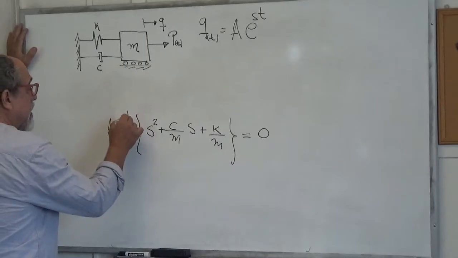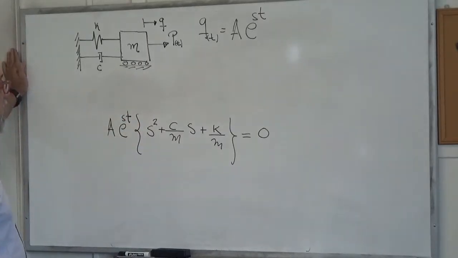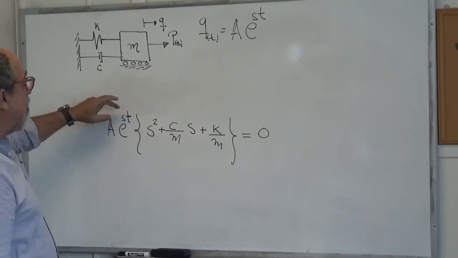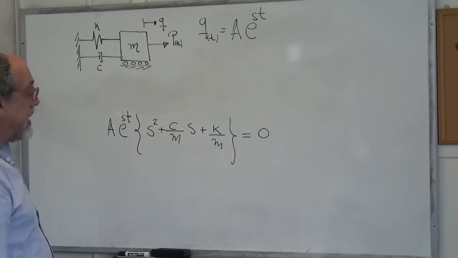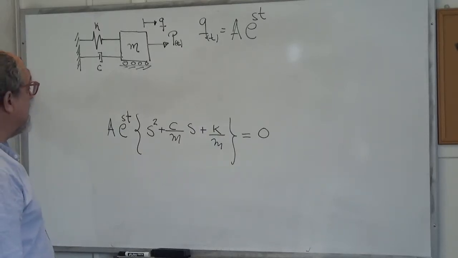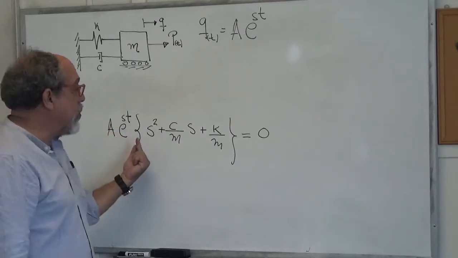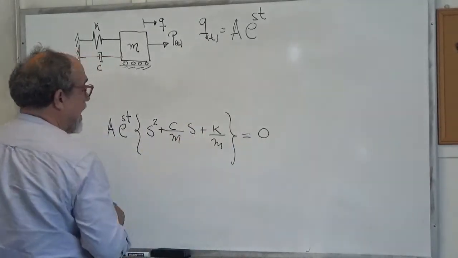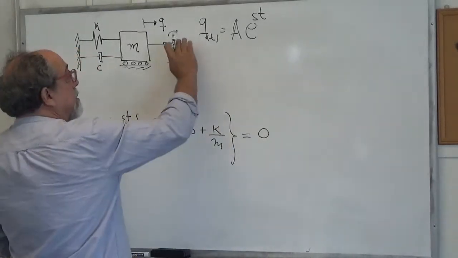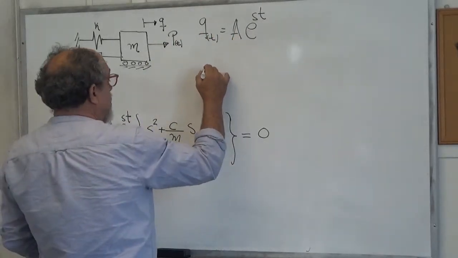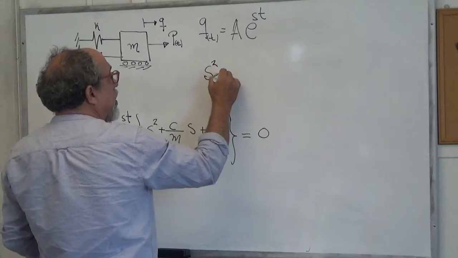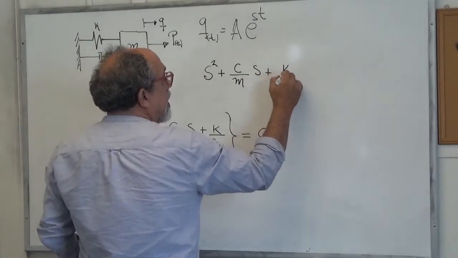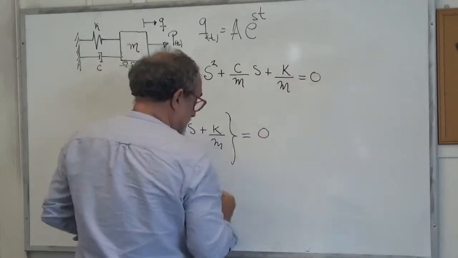The other possibility, you might say, is that e to the st is 0, but e to the st cannot be 0 for any value of s except minus infinity. And so we discard that case and we say, okay, the way in which this can be 0 is by the term inside the brackets being 0. And therefore we say that the solution of the homogeneous equation demands that the second order polynomial s squared plus c over m s plus k over m should be 0. Okay?